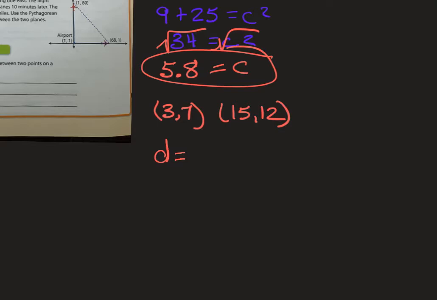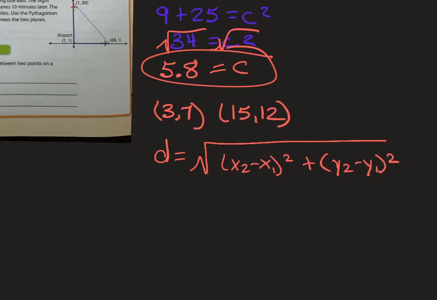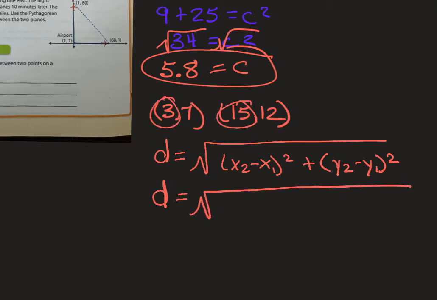Refer back to it. Distance equals, again, you're going to subtract your x values, x2 minus x1, and square it. And then you're going to add it to the difference between your y values, y2 minus y1 squared. Okay? So in that formula, I'm going to fill in my x's as being 15 minus 3.